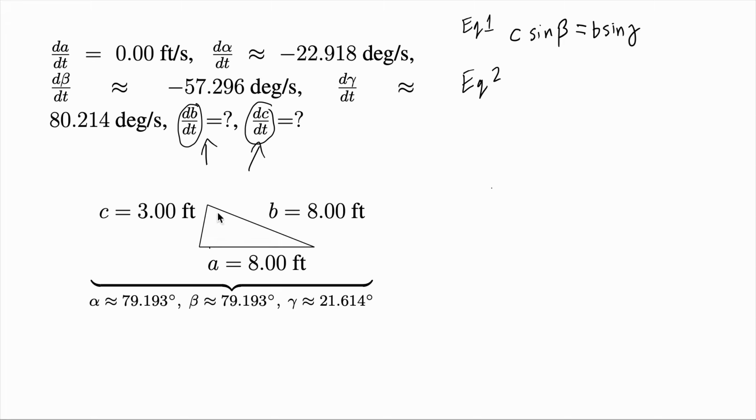Okay, so let me just label the angles here. So that's alpha, that's beta, that's gamma, and why don't we work with that angle being kind of opposite.